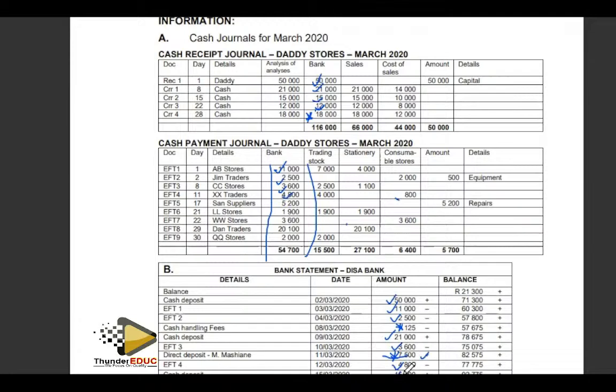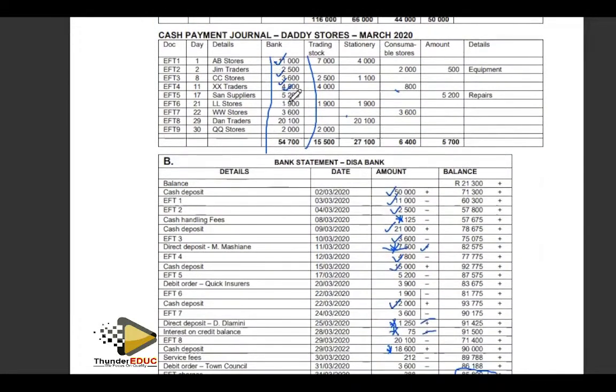Then there is 5,200. What is 5,200 here? Yes, it is there. It has appeared on both sides, so we don't need to deal with it anymore. We have to tick it off. There is 1,900. There is 3.9. 3.9 doesn't appear, so we have to put a star on it.